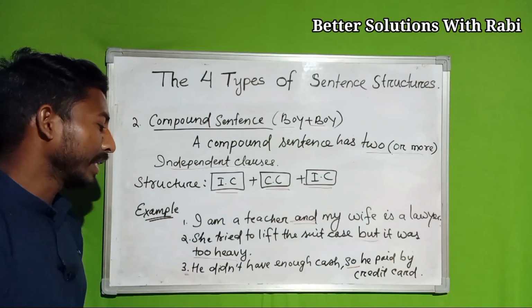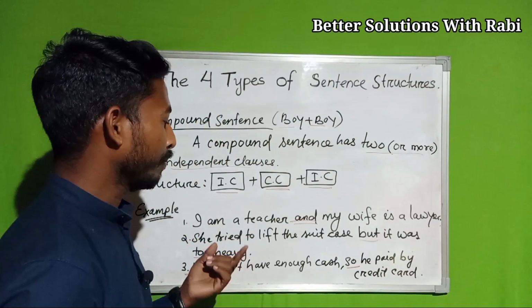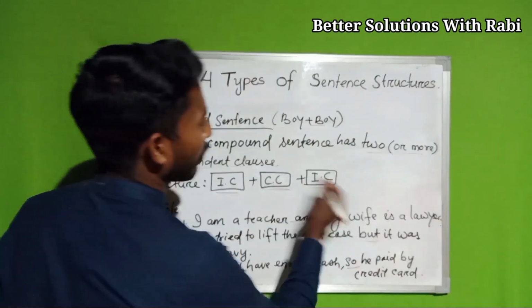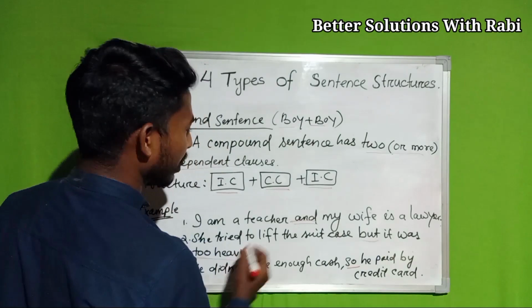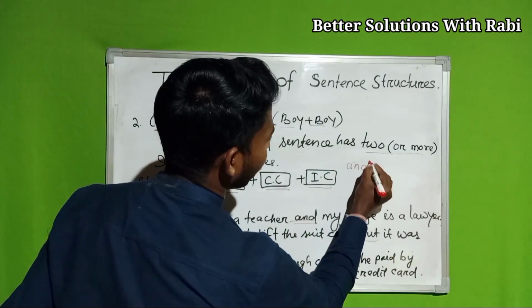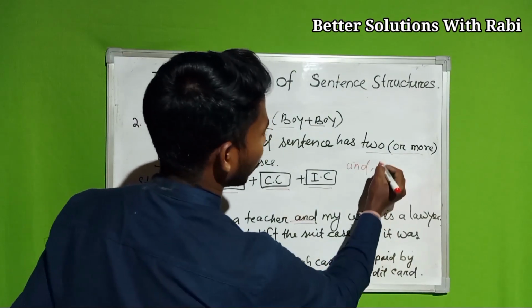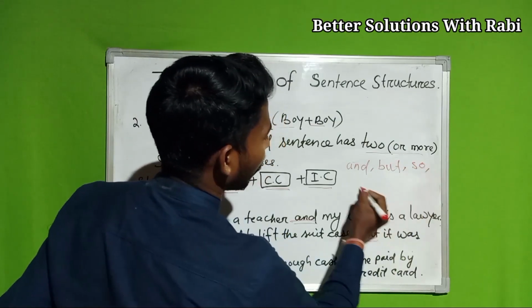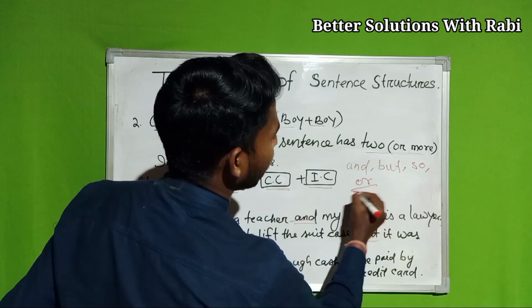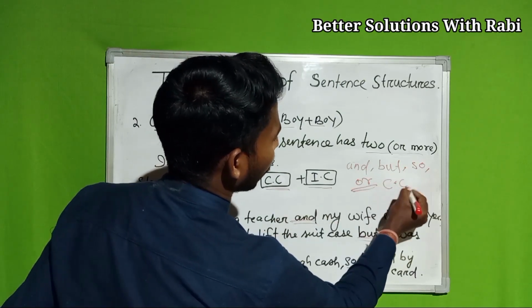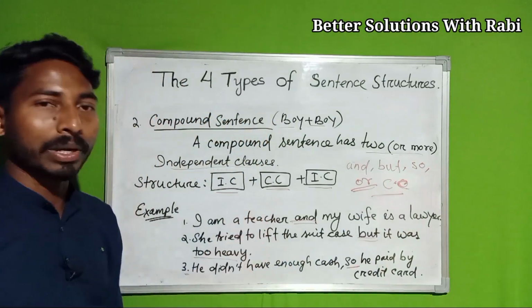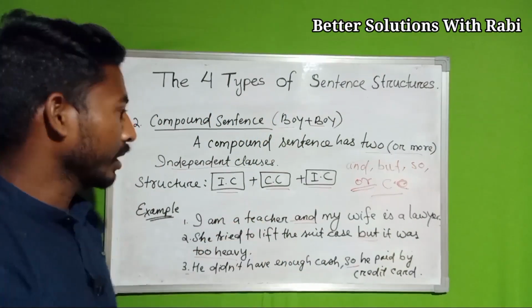He didn't have enough cash to pay, therefore he used his credit card. Remember, words like and, but, so, or are called coordinating conjunctions. For this I'll take a separate class on conjunctions and all those things.